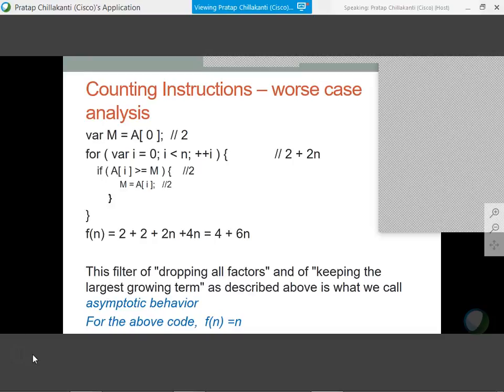That is the essence of asymptotic behavior. So we are saying this function is of the order of n, because you drop 4 first, it's a constant, and then you drop the factor 6 because as n grows larger, 6 is meaningless. So we say f(n) equals n. I can envision multiple questions which would make you do this in an internal exam.